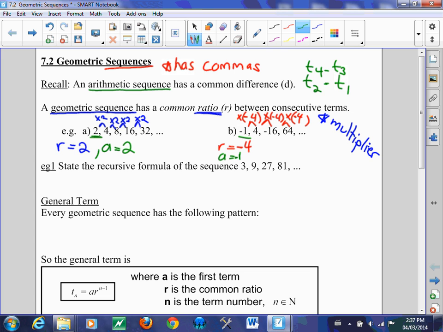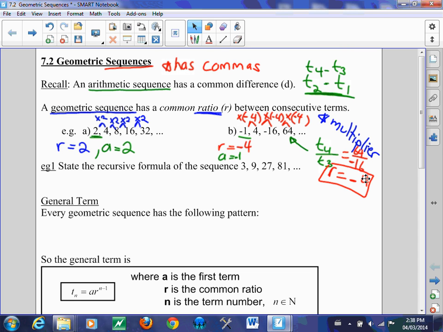If you're having trouble finding this, instead of subtracting for a common difference, for a common ratio you're going to divide. So it's T4 divided by T3. If you take T4, which is 64, and divide it by T3, which is negative 16, a positive divided by a negative is a negative, and 16 goes into 64 four times, so that gives you your r value.